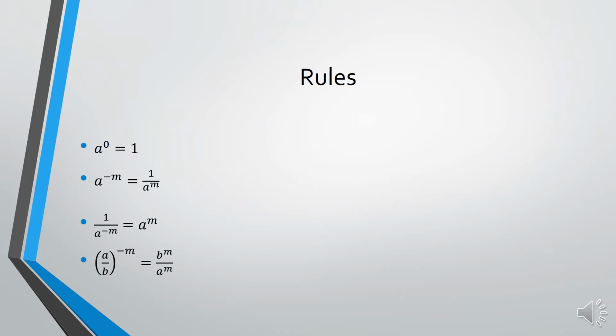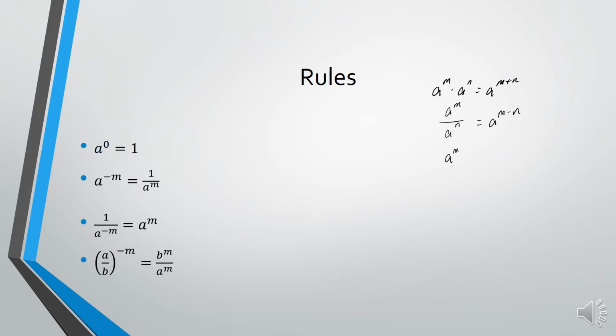Just to recall, if you don't remember, the rules that we already did involved multiplying with the same base. So when we were multiplying with the same base, we had a to the m times a to the n was a to the m plus n. You added the exponents. We had division. So a to the m divided by a to the n was a to the m minus n. That's where you subtracted.